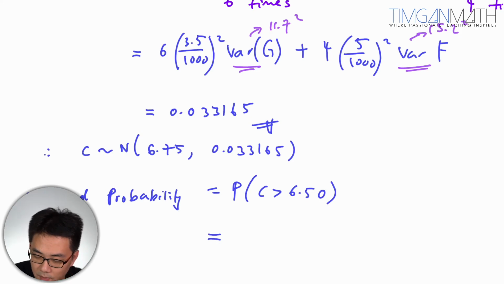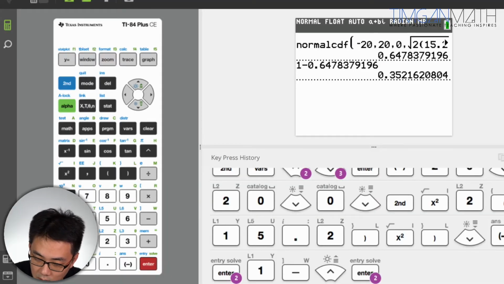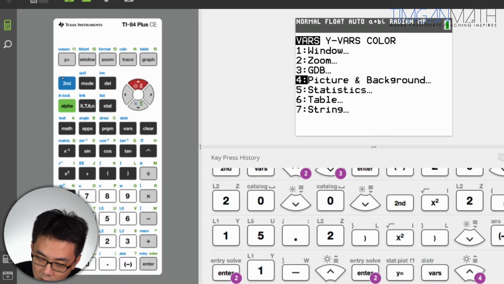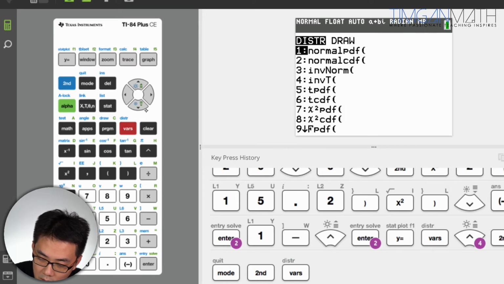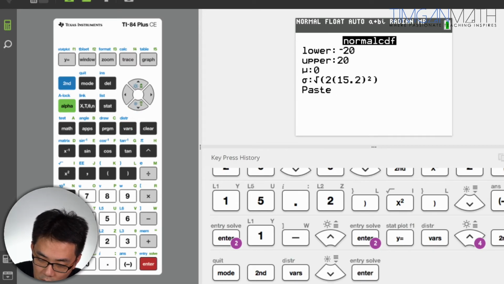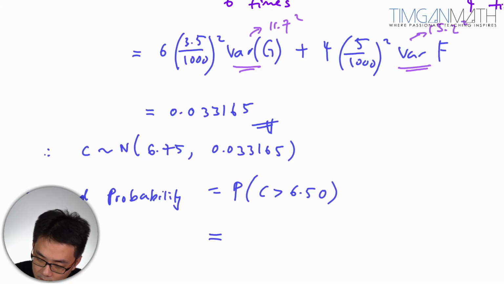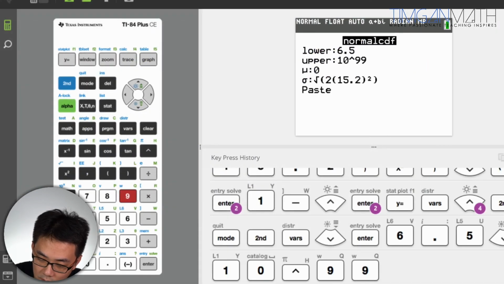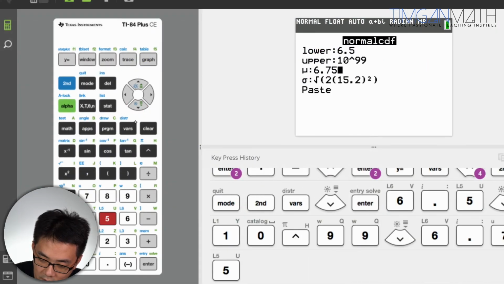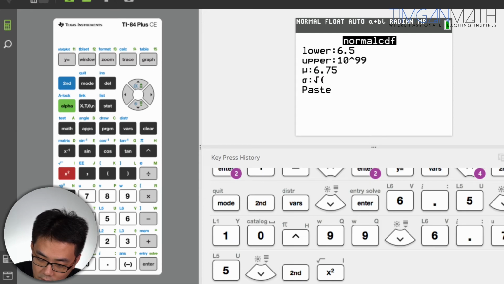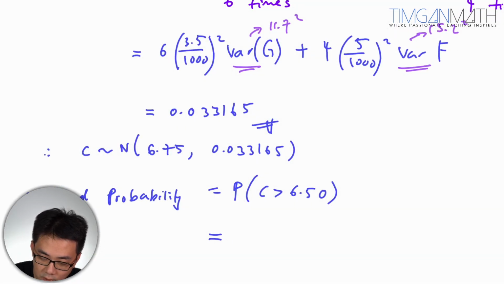That will be keying in the calculator, second distribution, normal CDF, then lower is 6.50, upper is 10 to the power of 99, mean is 6.75, and standard deviation is the square root of 0.033165.